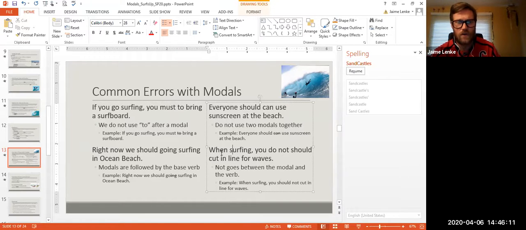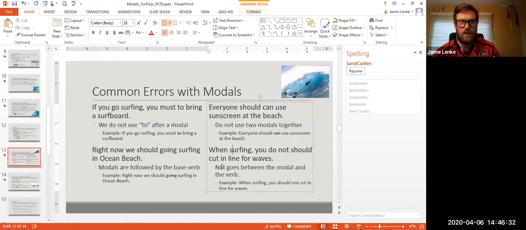And then the last one, it says, when surfing, you should cut in line for the waves. So when you're making a sentence negative, the "not" goes between the modal and the verb. And I'll say that again. When you're making a sentence into a negative statement using modals, the "not" goes between the modal and the verb.